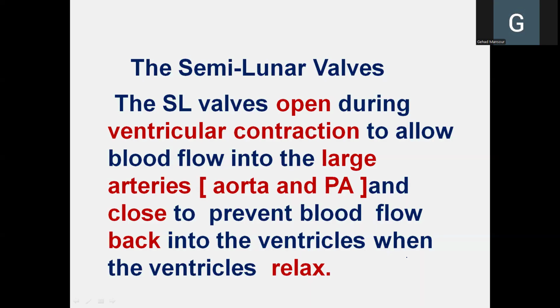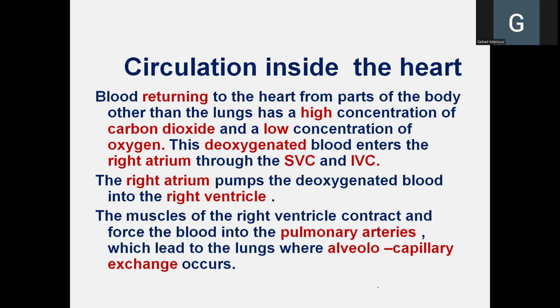So the semilunar valves, that's why we are talking about the two valves at the same time, open during ventricular contraction to allow blood flow into the corresponding large arteries, the aorta and the pulmonary artery, and close during relaxation or diastole to prevent backflow of blood into the ventricles.